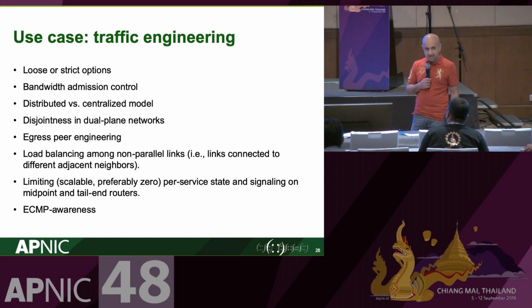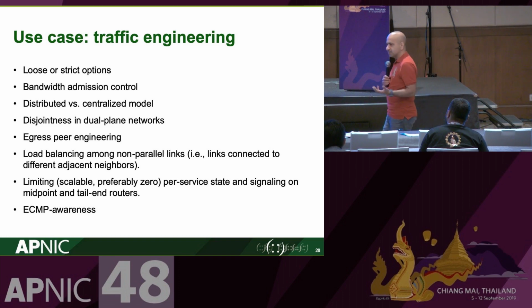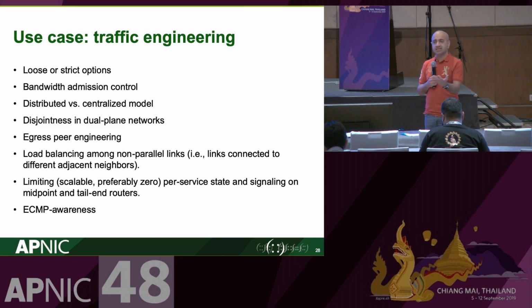And then there's traffic engineering. Traffic engineering is complex. There is a lot to it. The whole point is to have more control over your traffic. For example, you could be running a network where you're providing services to different types of customers: residential broadband customers, enterprise customers, banks and so on. They all need a different level of service and have different SLAs.